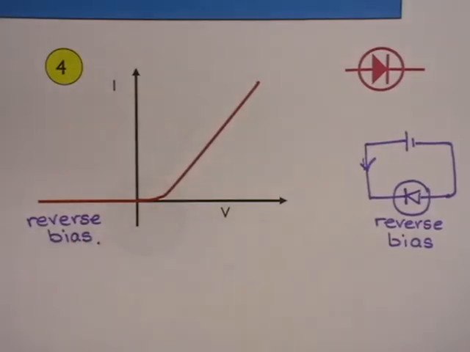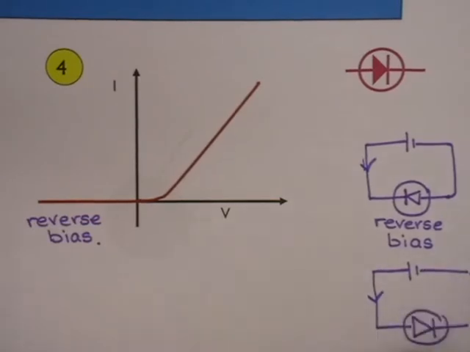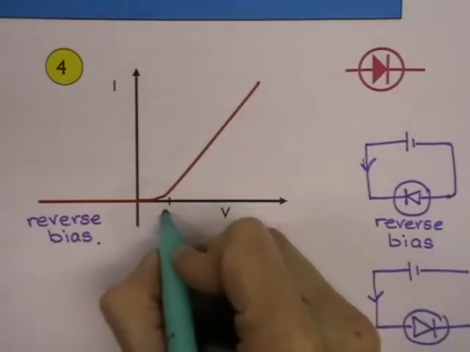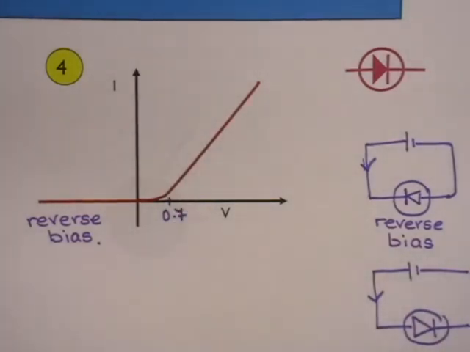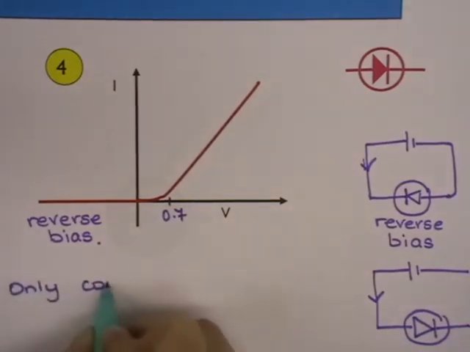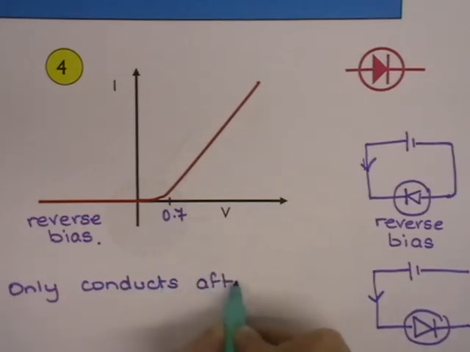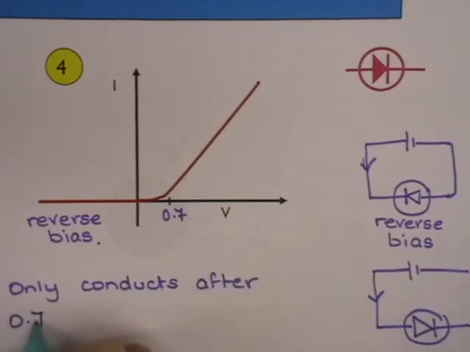On the second part of the graph then, whenever you connect your diode in the right way around, so the arrow is going the same direction as conventional current, then you will find that you have current flowing, but only after about 0.7 volts. So it only conducts after 0.7 volts when it's in forward bias.